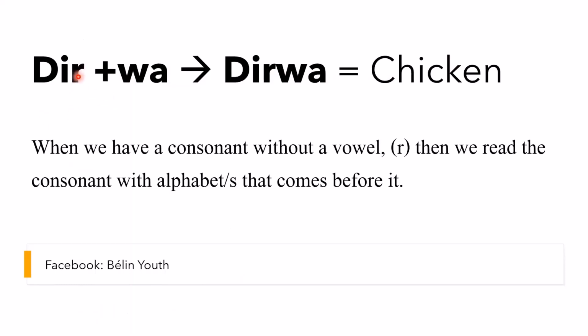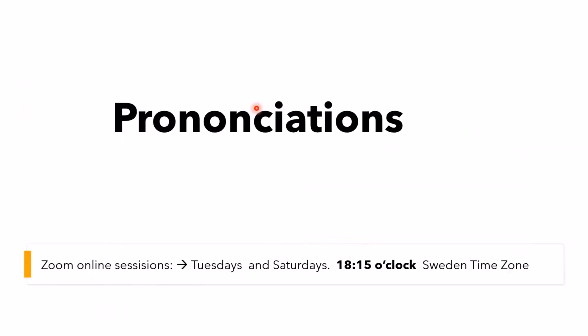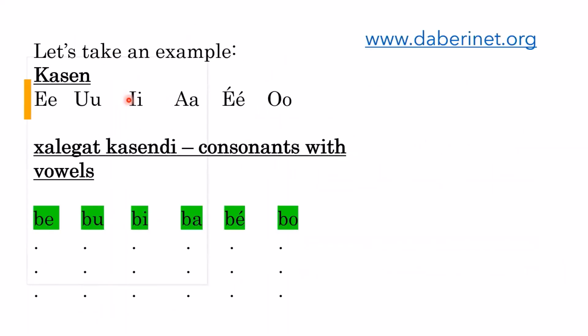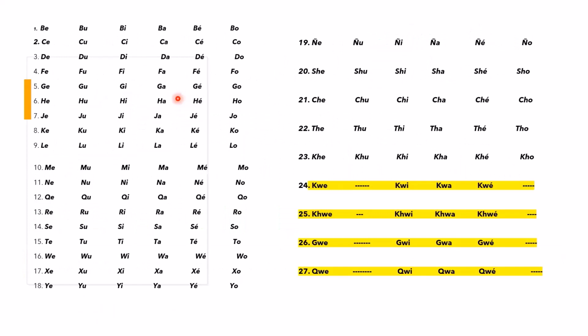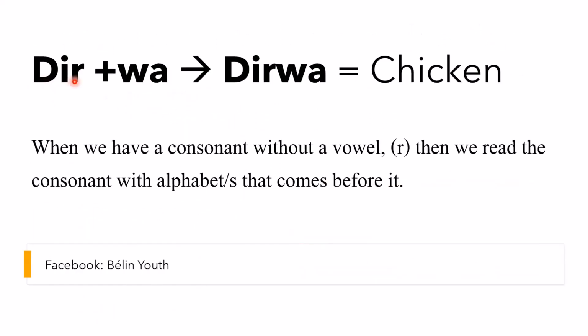When a consonant, you remember this is a consonant, is alone without a vowel, you remember vowels, those are the vowels, then it will get help from the alphabet that is before it, and it will make a subtle sound.